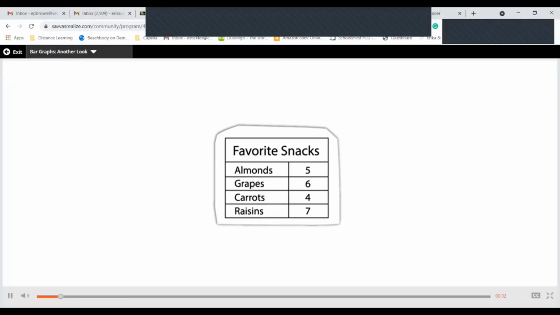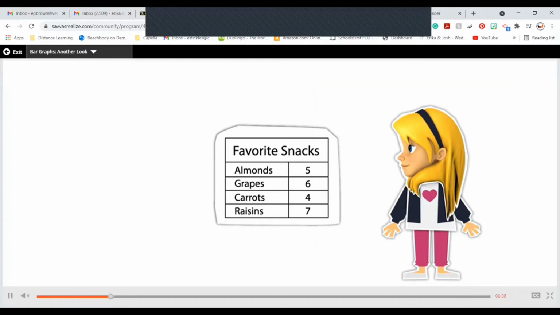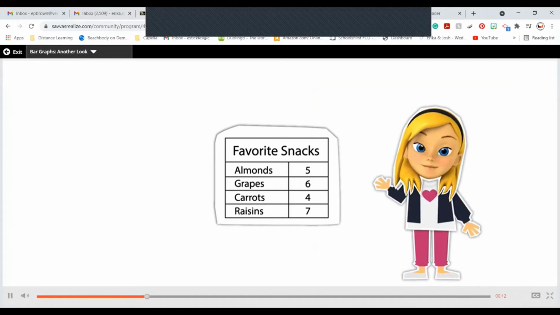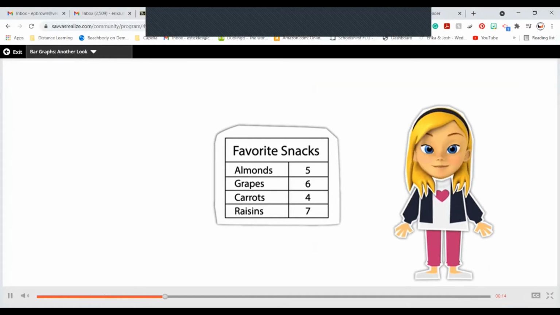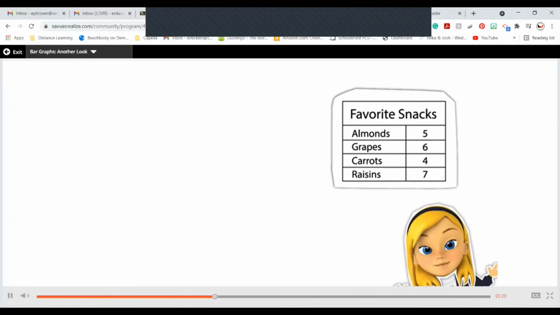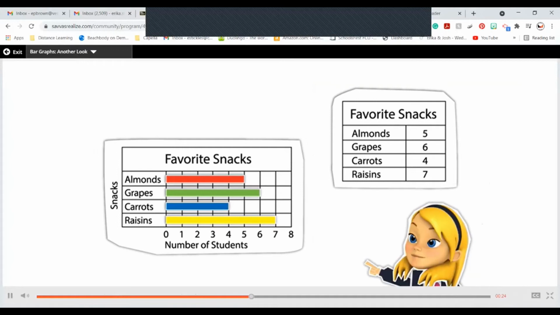Here we have a table of data showing the favorite snacks of the students in Emily's class. Cool info, but I want to see this information on a nice, colorful bar graph. No problem, Emily. We can make that happen. All we have to do is use bars instead of numbers, right? That's right.